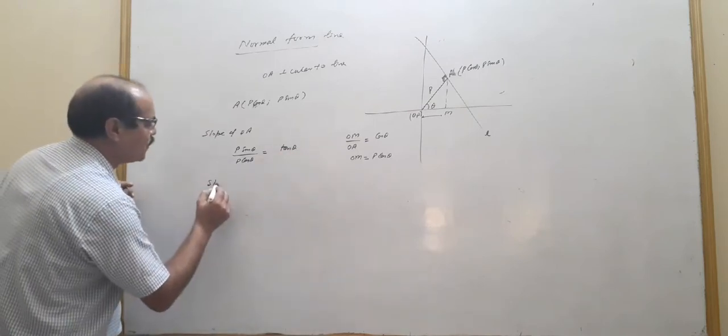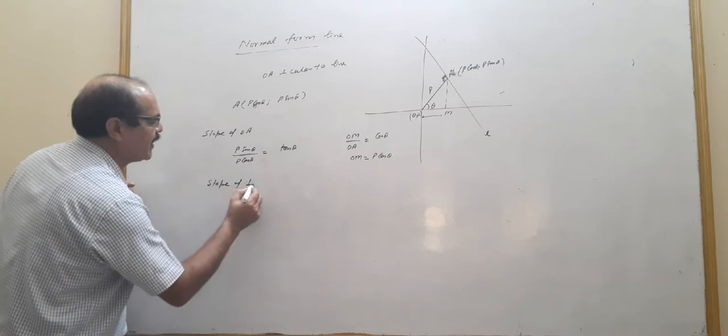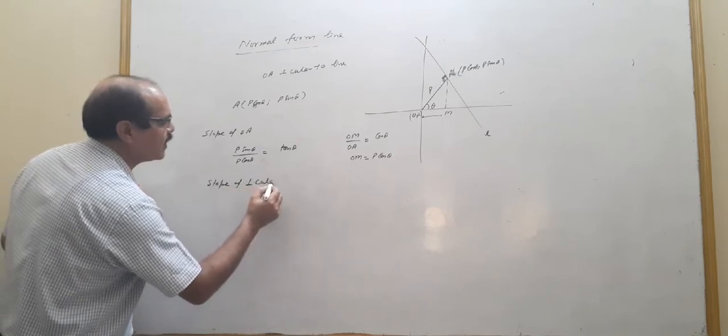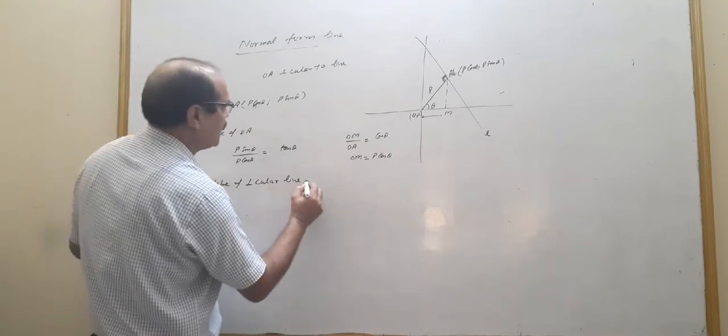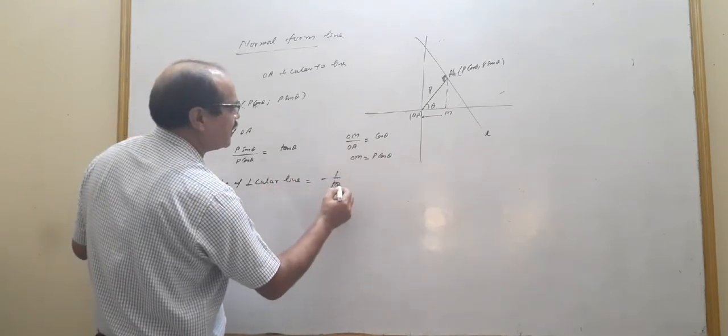Now the slope of the line perpendicular to OA is equal to -1 upon tan theta.